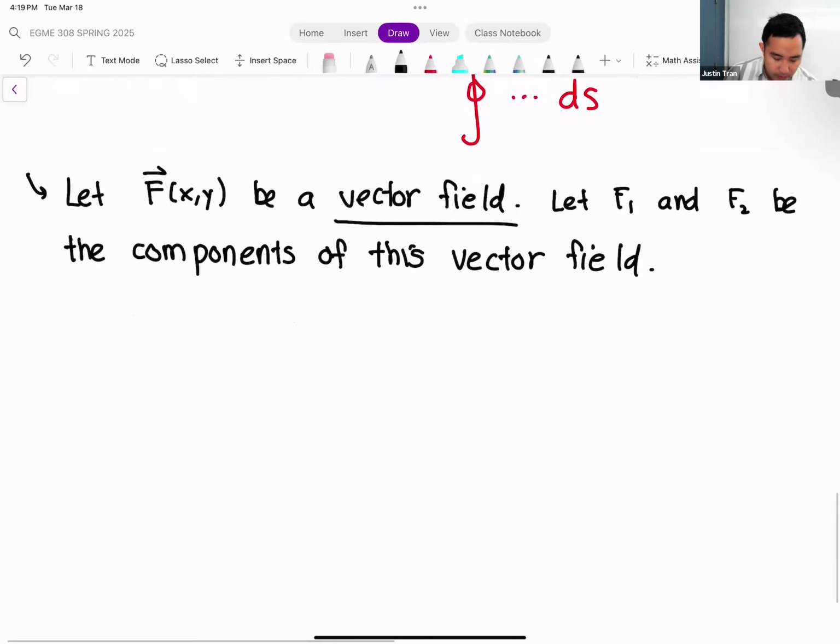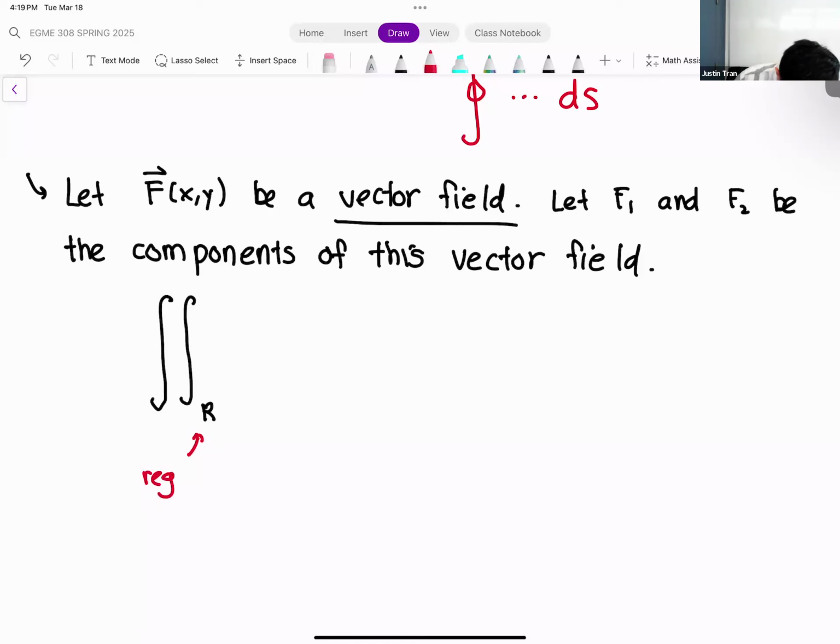There's a couple different forms of this. The first form, I'll give you the cleanest looking form first. One form of Green's theorem basically says that if we take the double integral over a region R, this R here is our region of integration. And again, that's going to depend on the problem, whether it's a square or a circle, depending on the region that's given to you in the problem.